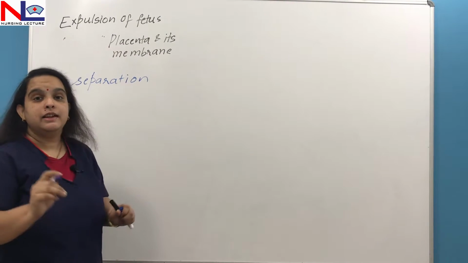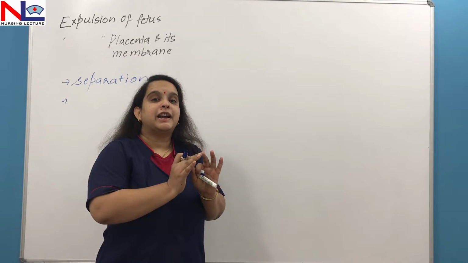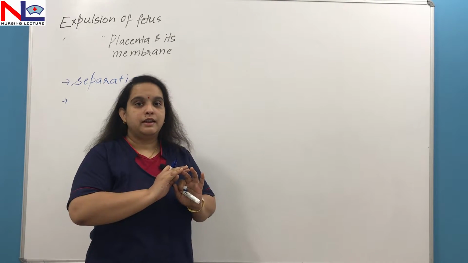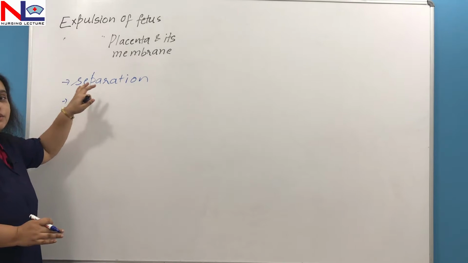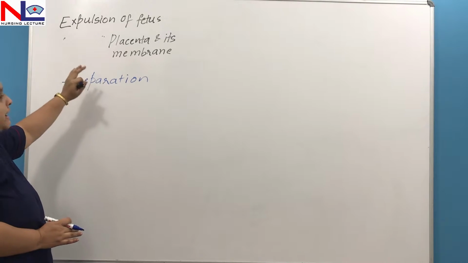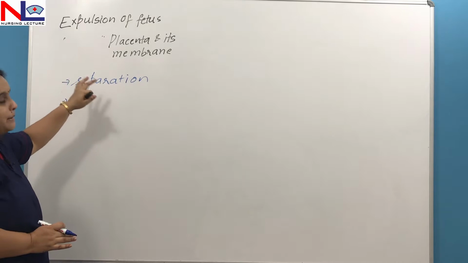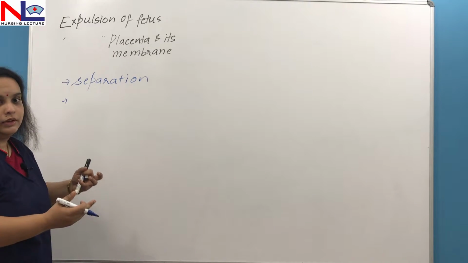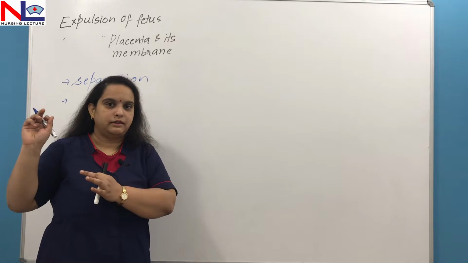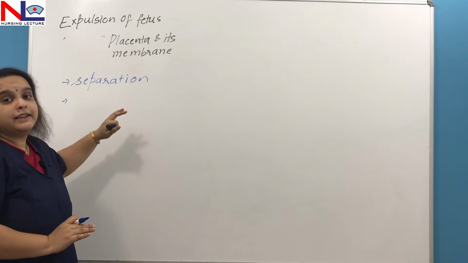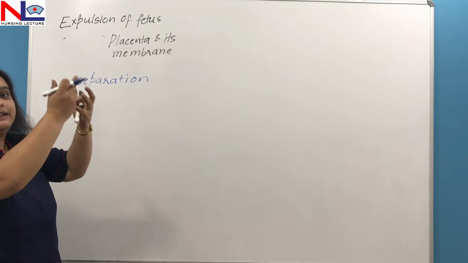Once it becomes separated, what happens? We have seen the placenta is usually attached to the upper segment of the uterus. It is not attached to the lower segment, right? So the placenta is attached to the upper segment, and once it gets separated, it comes down. It is not like once it's separated it completely expels out through the introitus, right? Once it gets separated from the upper segment, it descends down.